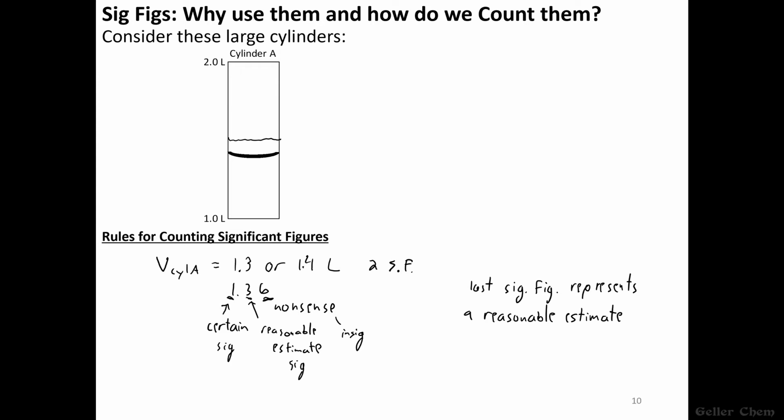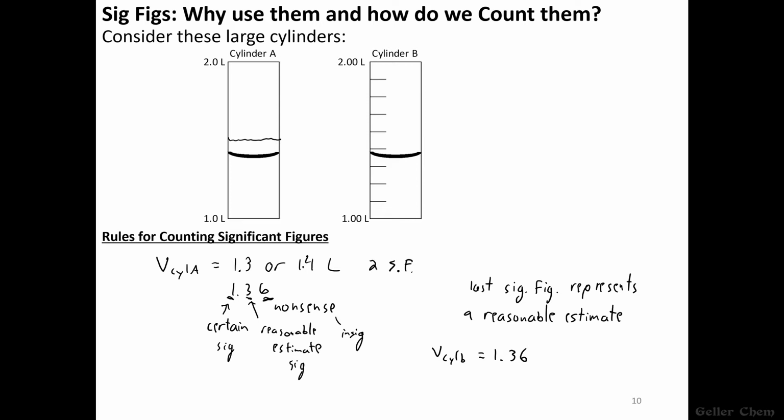Now, what if we have the same volume liquid, but it's contained in a cylinder that provides more accurate readings? Like that one. Well, now we can look at this and come up with a number like volume of cylinder B is equal to 1.36. Because now we have more markings to give us some guidance.